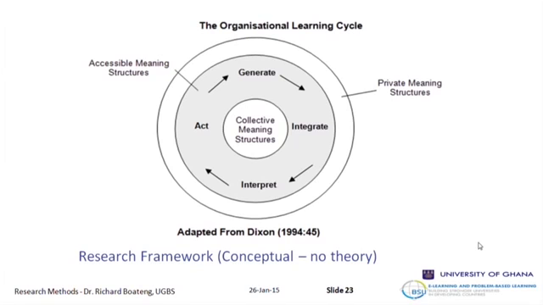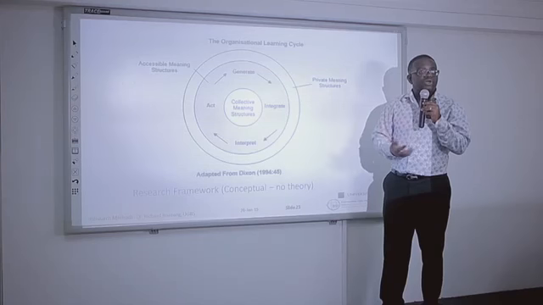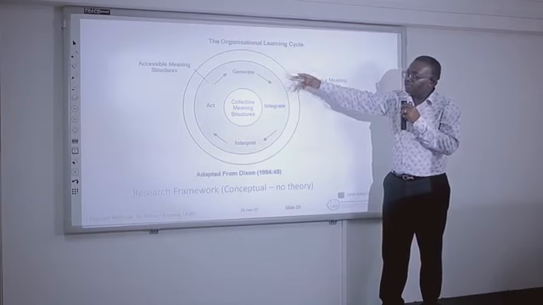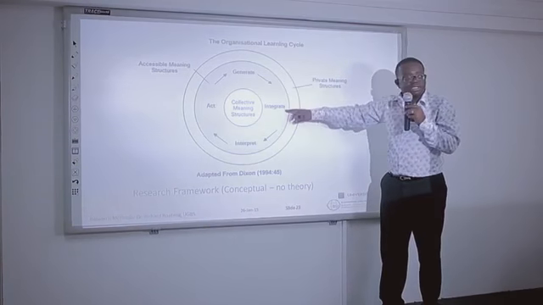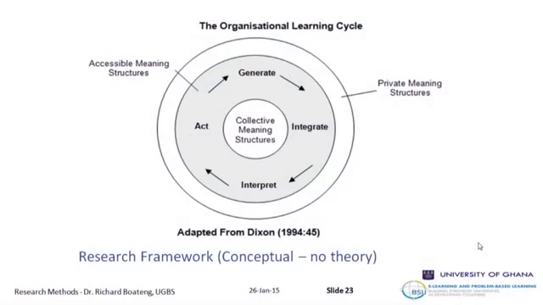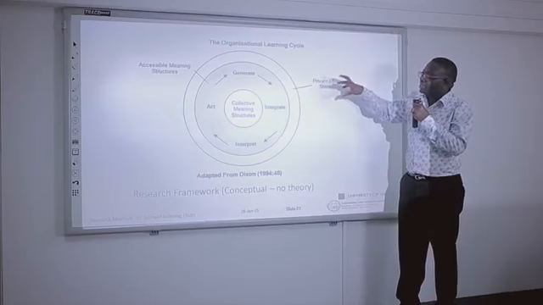And she talked about the organizational learning cycle, which talks about the fact that there are 4 steps if you want to increase or disseminate knowledge in organizations: generating information from different sources, integrating the information within the organizational context, interpreting it, and giving employees the ability to act on the information. So these are the 4 steps that you see going round. Out of it, she has what we call the theory of meaning structures. It was modified to get this organizational learning cycle.